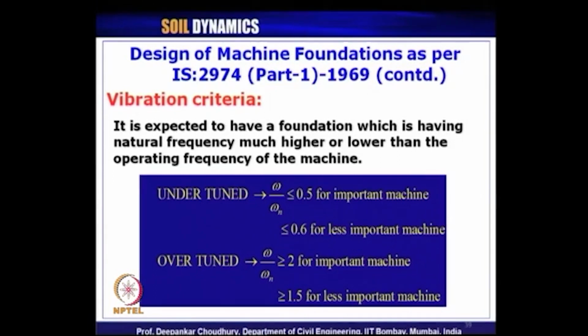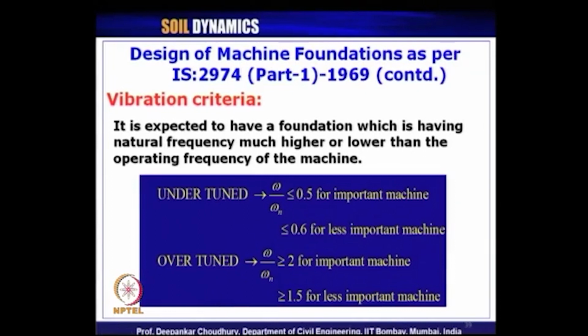For example, if we are going to design the foundation for a turbo generator machine, for which the operating frequency is very high, in the order of 3000 to 10,000 RPM, which condition would you prefer, undertuned or overtuned?